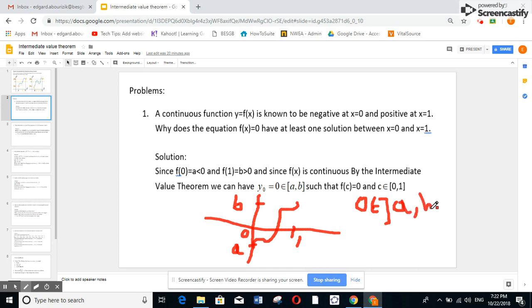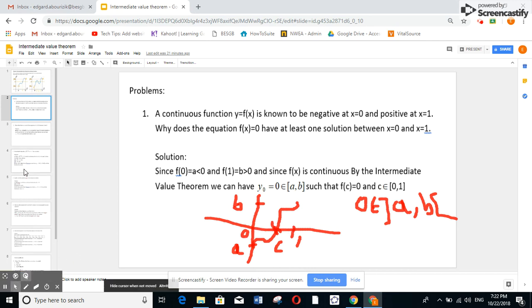By the intermediate value theorem, going from negative to positive, this curve should cut the x-axis in at least one point C, and this C must be between 0 and 1. Why? By the intermediate value theorem. So I'm going to repeat: 0 is between a and b because a is negative, b positive. By the intermediate value theorem, you must have at least a point C on the curve such that f(c) equals 0 and C is between 0 and 1.